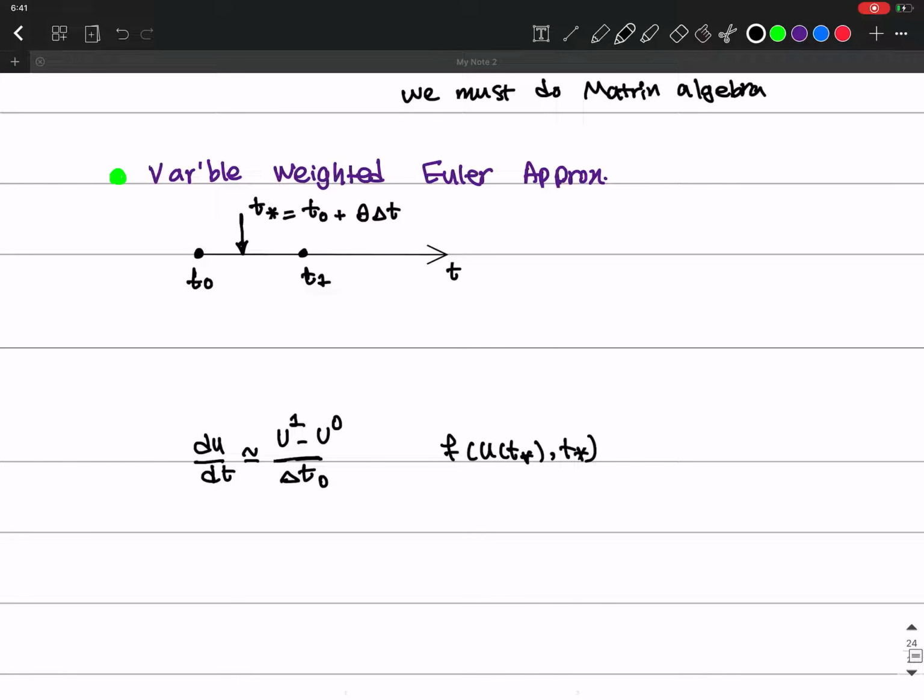Okay, so what I'm going to have is this: u1 minus u0 over delta t minus, for this one, I'm going to say it is theta f evaluated at t1 plus one minus theta f evaluated at t0.